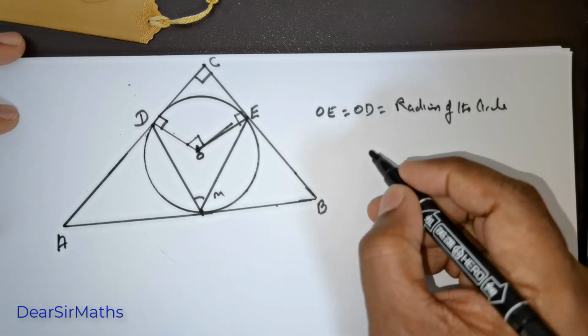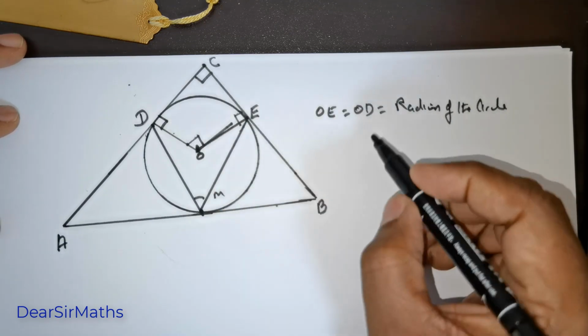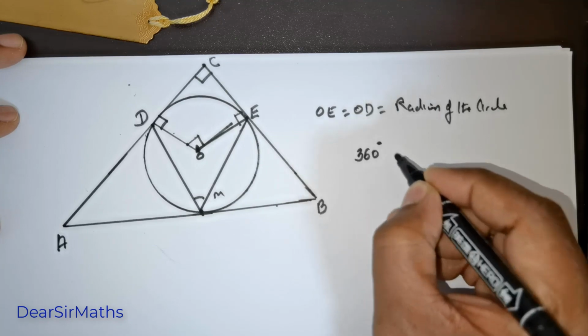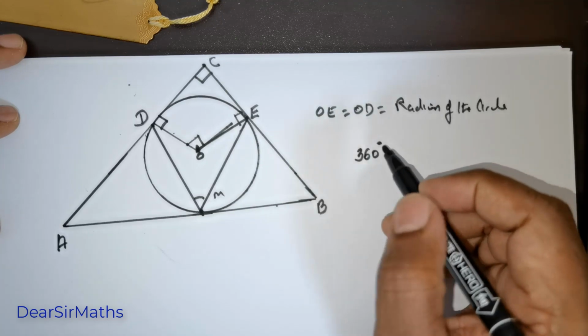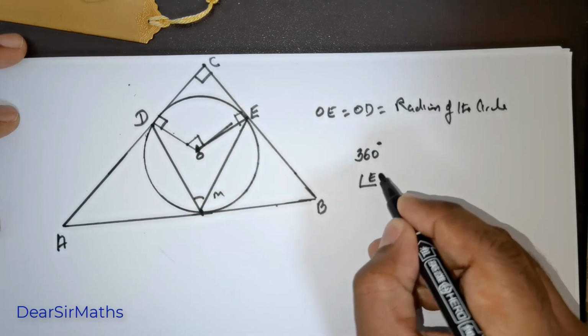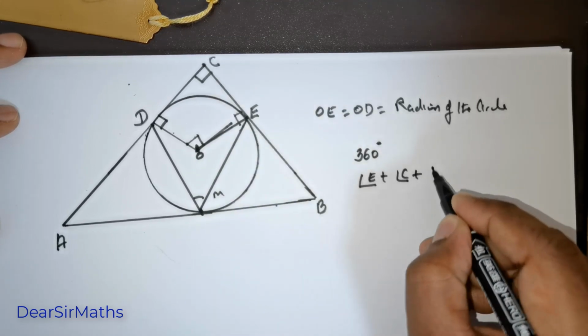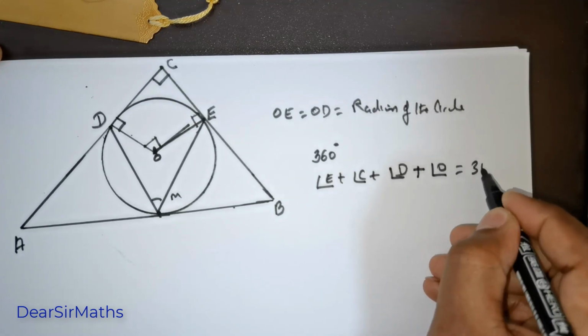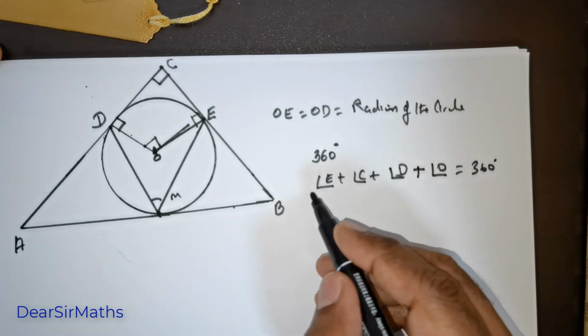Now what I wish to tell you is, this is actually a four-sided figure. It's a quadrilateral, right? So the total angle is 360. Now angle, let's start from here. Angle E plus angle C plus angle D plus the angle O should be 360 degrees.